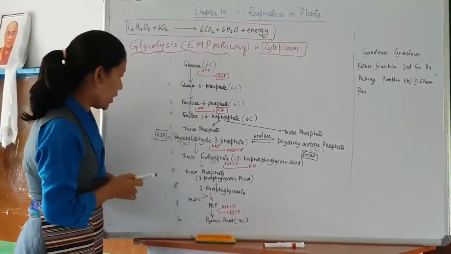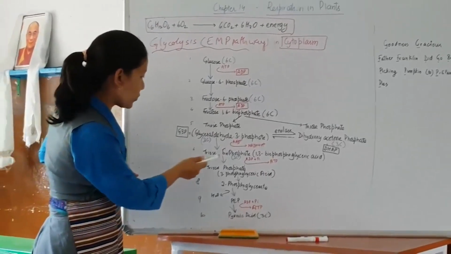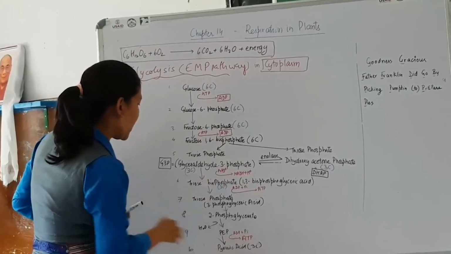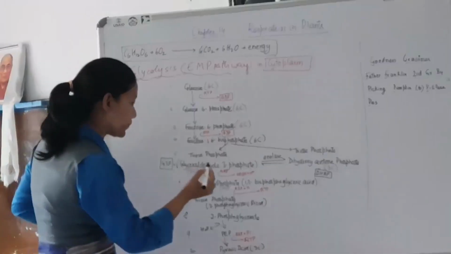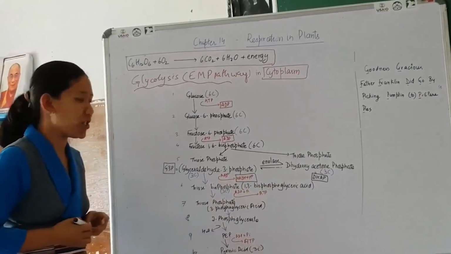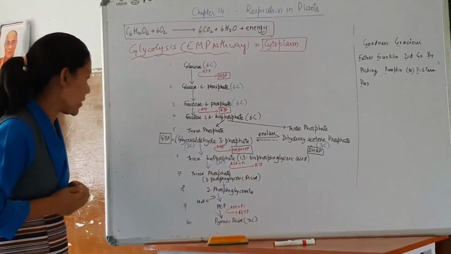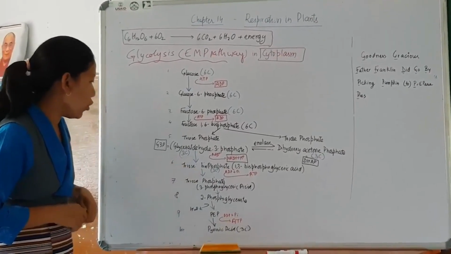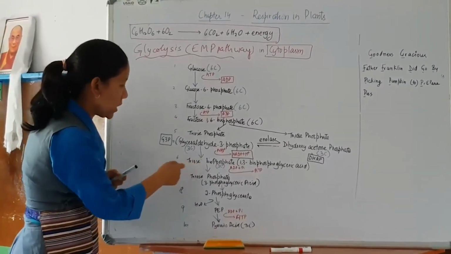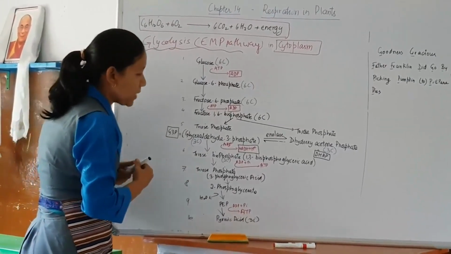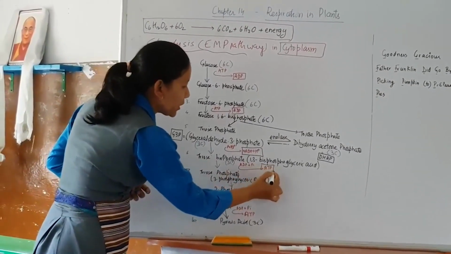Okay, so it becomes triose bisphosphate, and here you can find the production of NADH plus H plus. And this triose bisphosphate undergoes change again, they lose a phosphate group, which helps in the formation of ATP here.